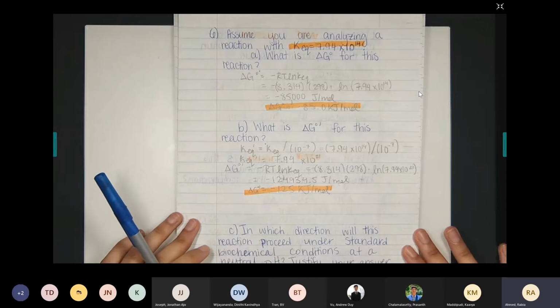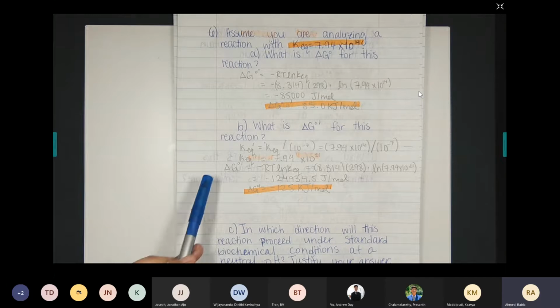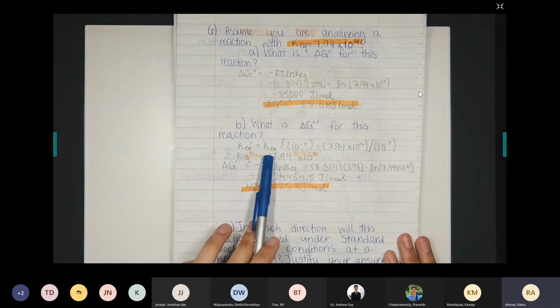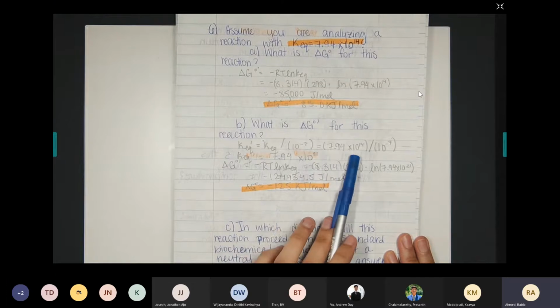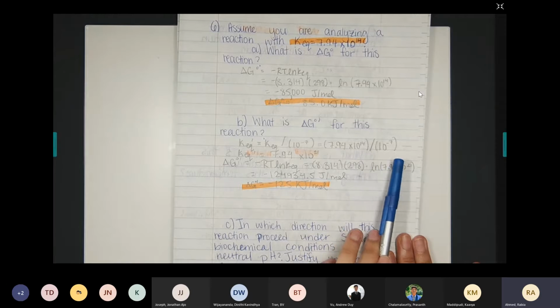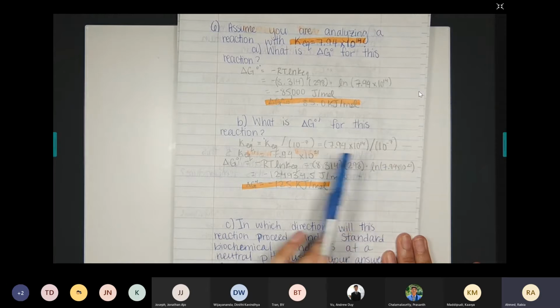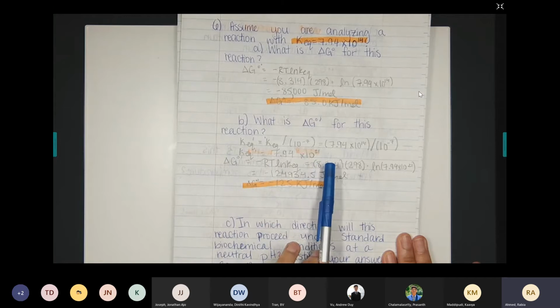So for 6b, what is change of G for this reaction? So we're going to do KEQ equals KEQ over 10 to the negative 7. The KEQ is going to be 7.94 times 10 to the 14th over 10 to the negative 7th, which is going to make our final KEQ equal to 7.94 times 10 to the 21st power.